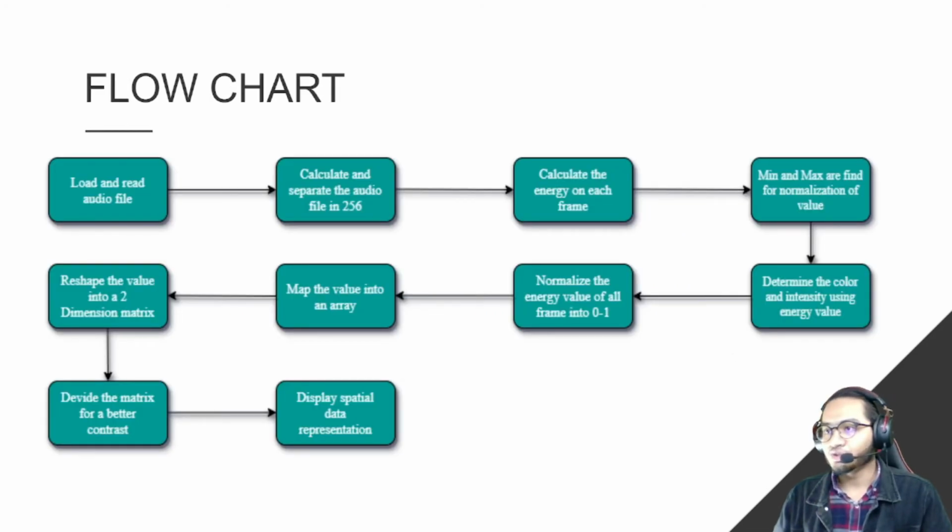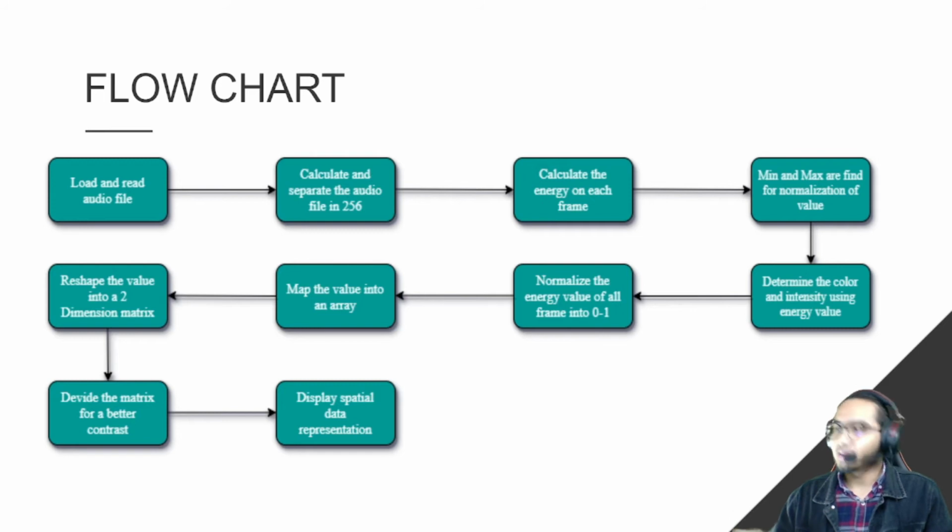So this is my flowchart. The first step is to load and read the audio file, and then separate the audio file into 256 matrix frames. Then I will calculate the energy of each frame. After that, I will find the mean and max for normalization of the value, and then determine the color and intensity using the energy value.